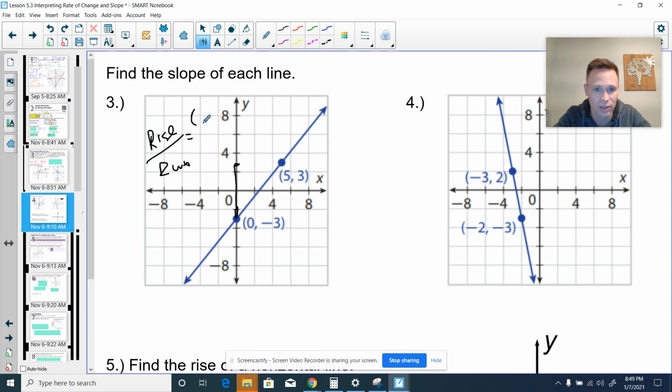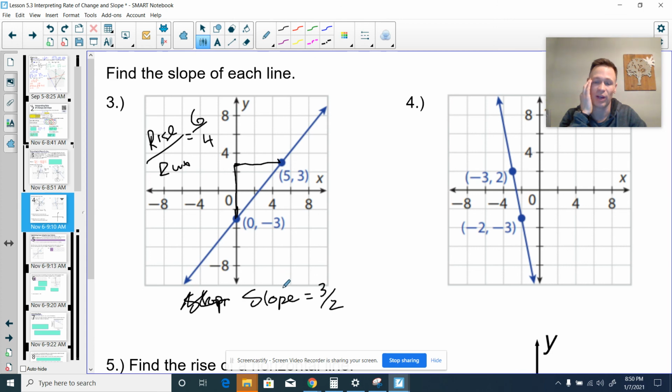So I go up 6, and I go to the right 1, 2, 3, 4. Now that is a good answer. My slope of 6 over 4 is a good answer, but I have to simplify that. And so my slope is really 3 over 2. That would be my simplified fraction.